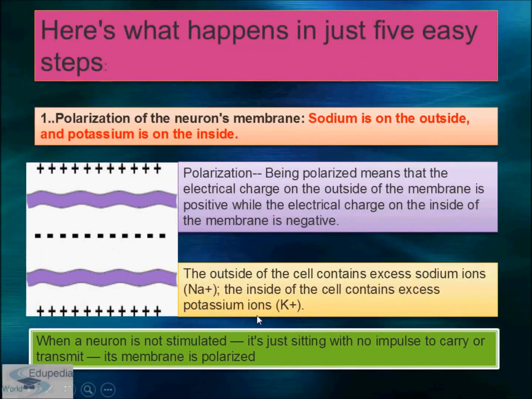So here, what happens in just 5 easy steps? What happens first is polarization of the neuron's membrane. This is the first step that takes place when transmission of information occurs from one neuron to another.